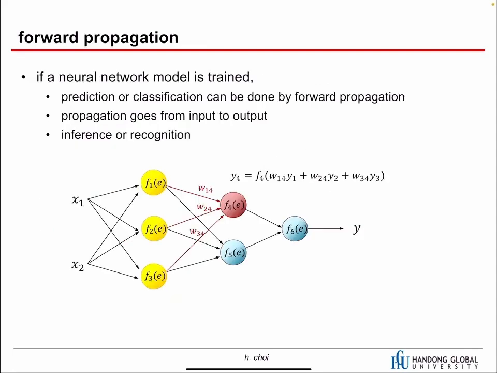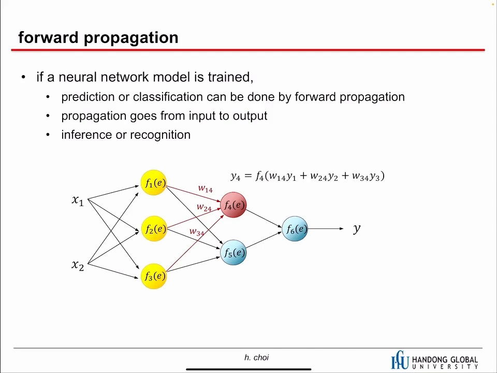Now let's talk about forward propagation. In a neural network, there are two propagations. The first one is forward and the second one is backward. Let's assume that the neural network is already trained. We're going to talk about the training later. If it is trained already, then prediction or classification can be done by forward propagation. The propagation goes from input to output, and we call it inference or recognition.